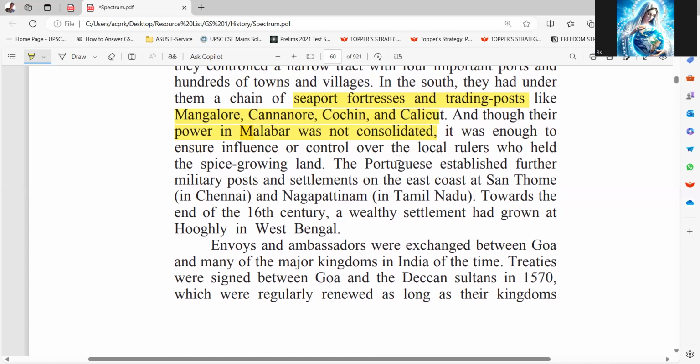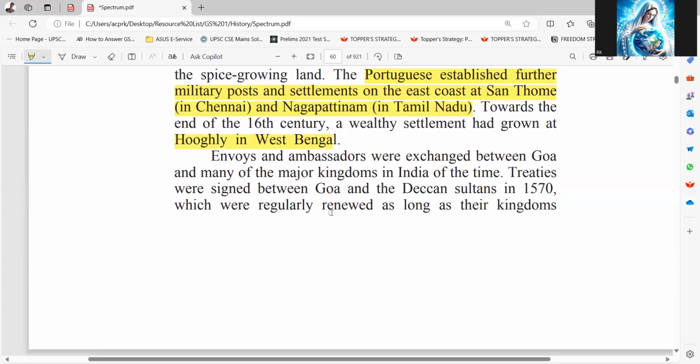The Portuguese established further military posts and settlements on the east coast at San Thome in Chennai, and Nagapattinam in Tamil Nadu. Towards the end of the 16th century, a wealthy settlement had grown at Hooghly in West Bengal. Envoys and ambassadors were exchanged between Goa and many of the major kingdoms in India of the time.